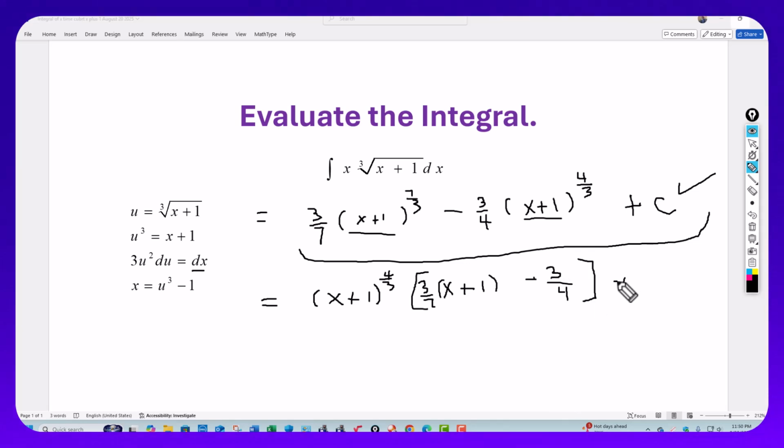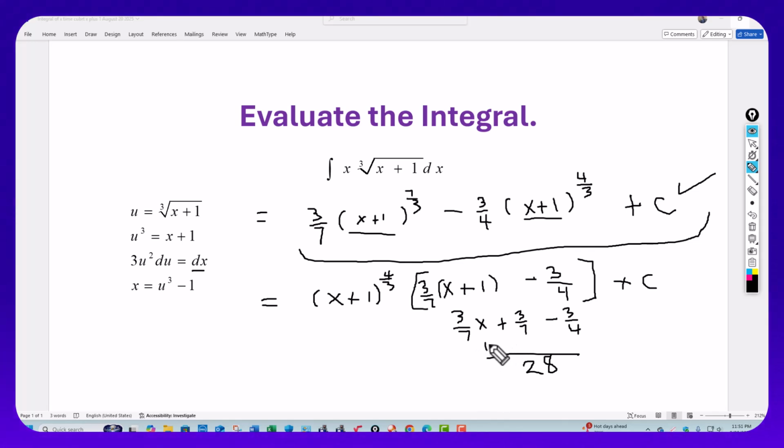So I've got the constant of integration. And then here, let's simplify this, multiply by 3/7, this would be 3/7 x plus 3/7 minus 3/4. Let's get a common denominator here, combine this out. Multiply by 4 here and by 4 here.